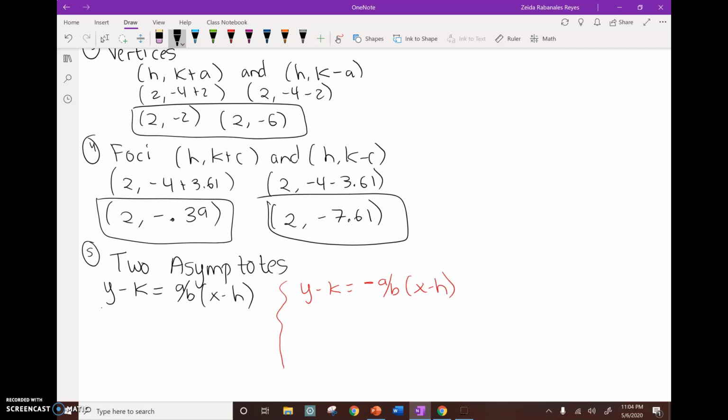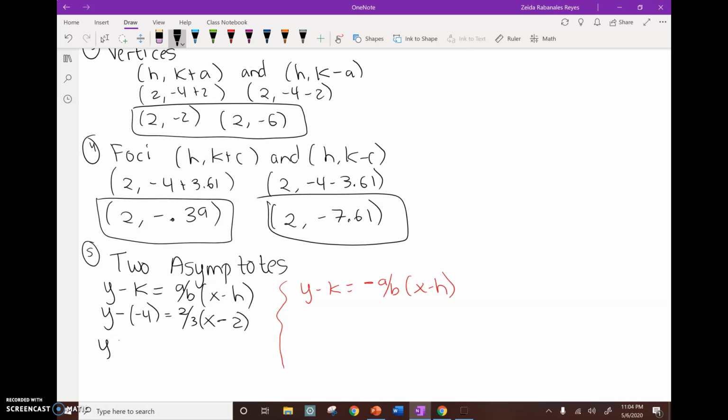So my k is, in this situation, negative 4. Don't confuse it. The equation formula actually has a minus. So then negative and negative will give you positive. Your a was 2. My b was 3. X minus the h, which was 2.